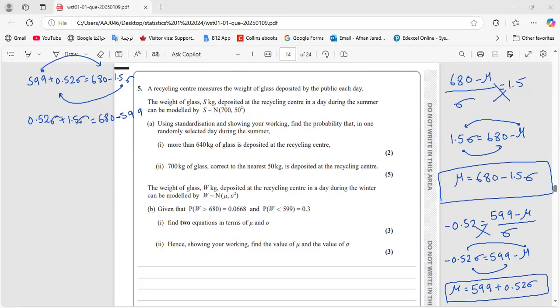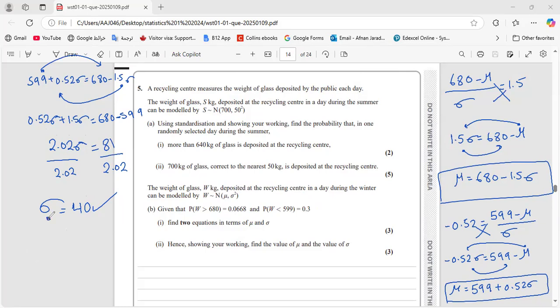So this one plus 1.5, which equals 2.02 sigma equals 680 minus 599, which equals 81. Divided by 2.02. So sigma equals 40.09, which is about 40.